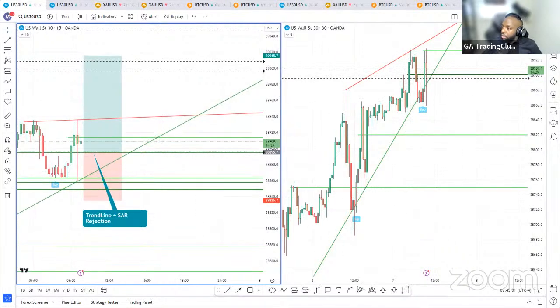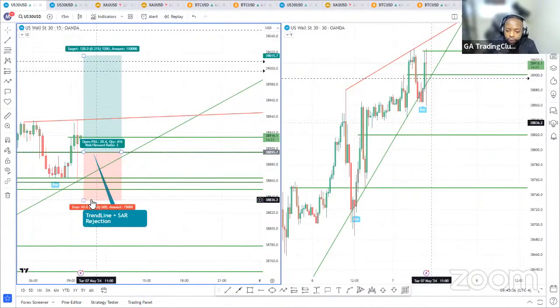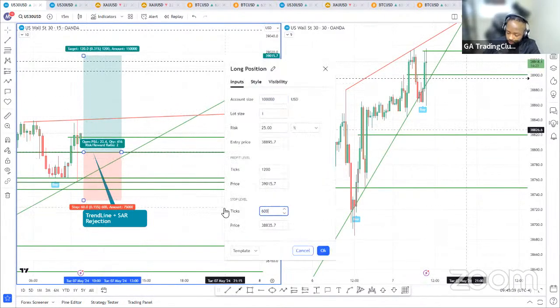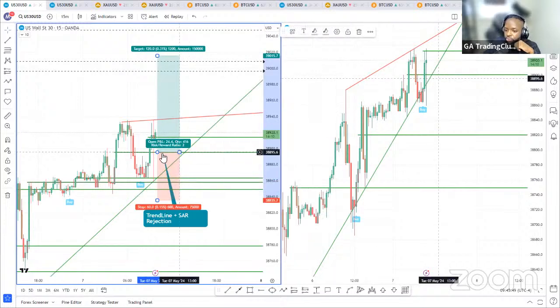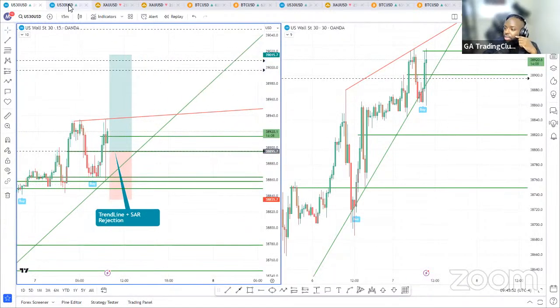So this is a potential setup for US 30 for a buy. I've already set an alert there, and I've already configured it. So I think a 60-point or maybe a 50-point stop loss. 60-point stop loss. So let's see if US 30 will come back down, and if it does, I'll be taking that trade.